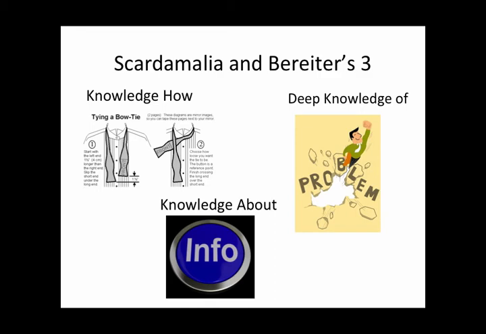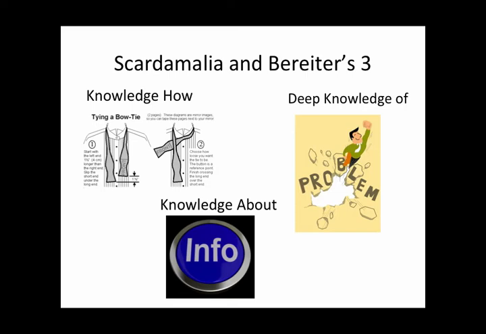Scardamalia and Bereiter have the simplest taxonomy. They distinguish between 3 types of knowledge, that is, knowledge about, deep knowledge of, and knowledge how to. If you consider the other taxonomies, Gagne's and Bloom's, you'll see that knowledge about is similar to Bloom's lower order skills of recall and understanding.